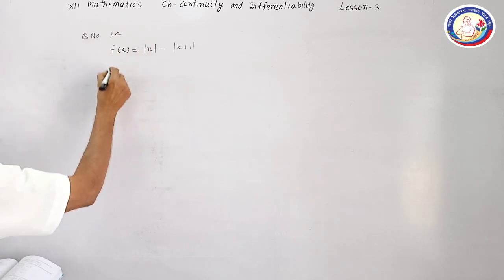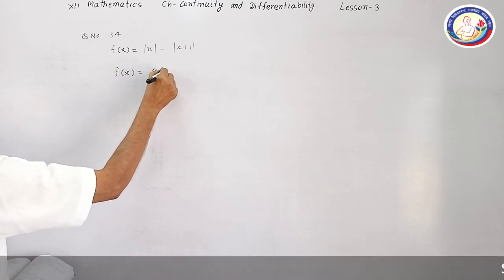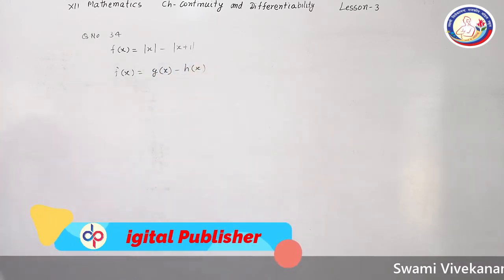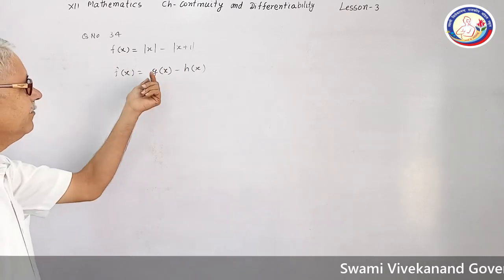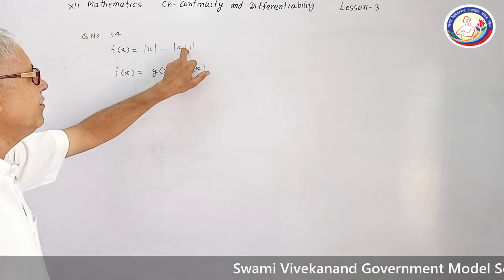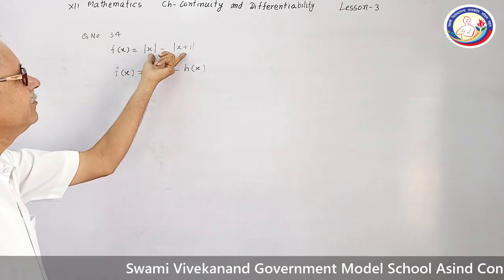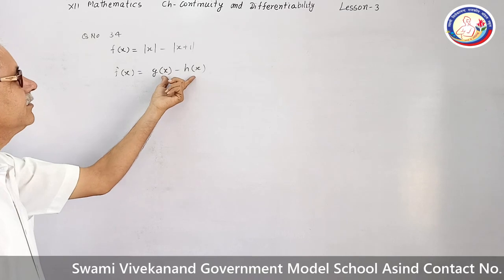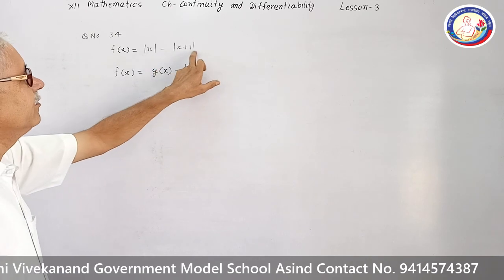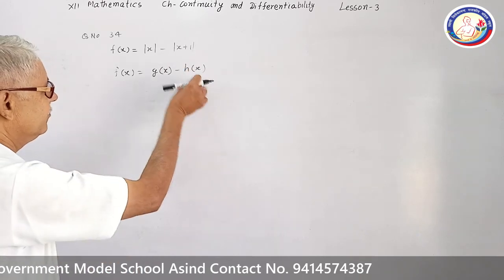First of all, we will write f(x) as g(x) minus h(x). Then in the domain, we will test the continuity of this function as well as this function. From our knowledge, we know that modulus functions are continuous for real numbers. So both are continuous, and the difference of these two functions will again be a continuous function. So this function will be continuous throughout the domain. You can solve it yourself.